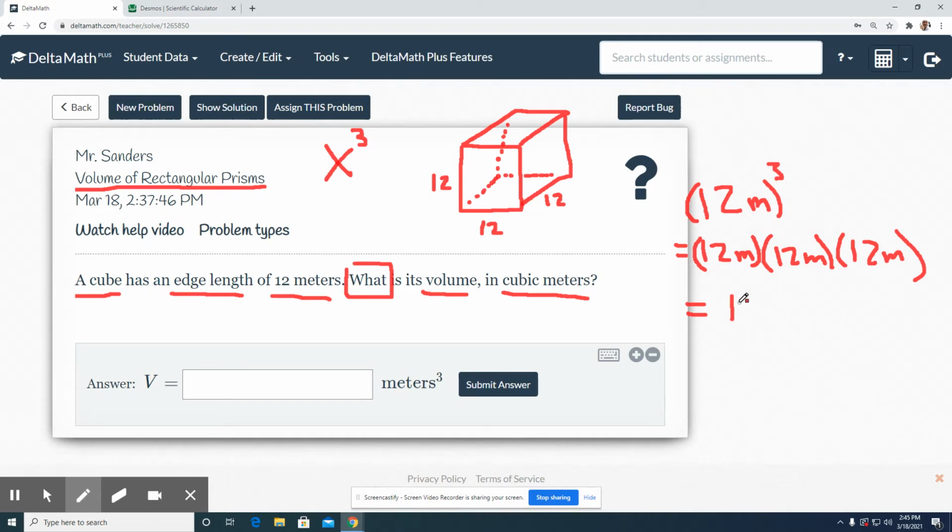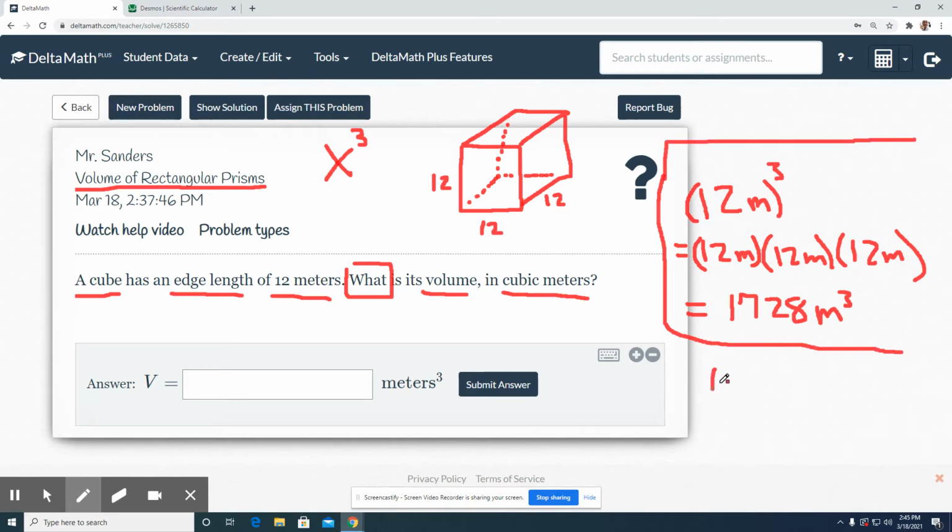So this is equal to 1728. And what is m times m times m? M times m times m is m cubed, or meters cubed. So this is kind of method number one way of doing it.